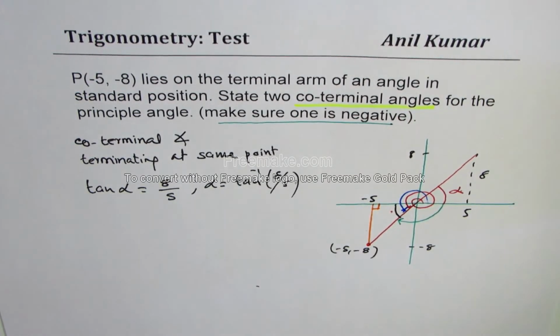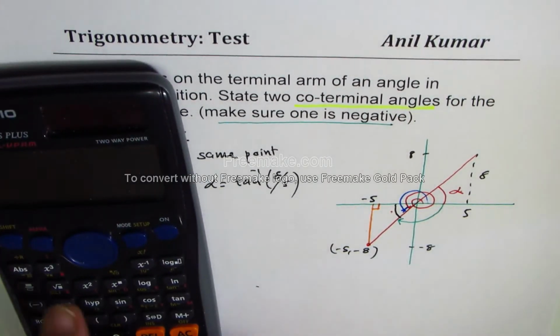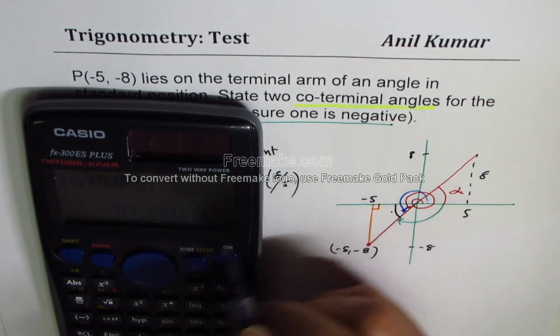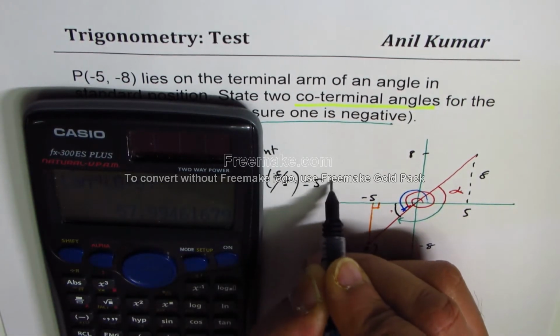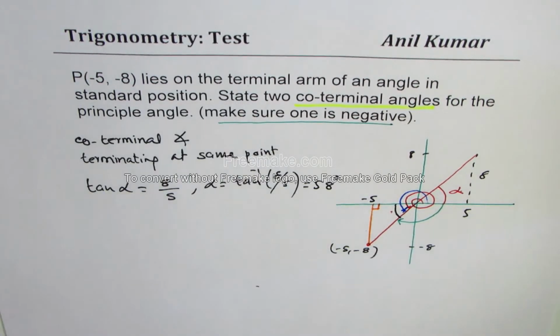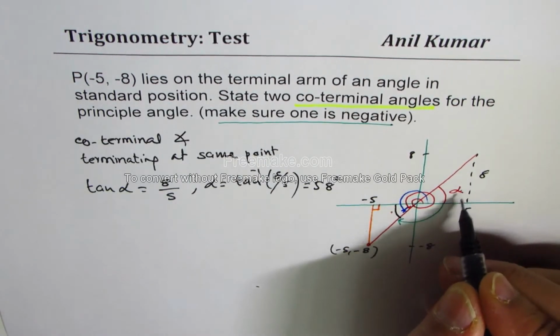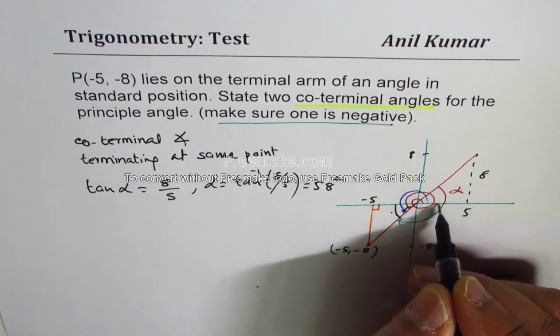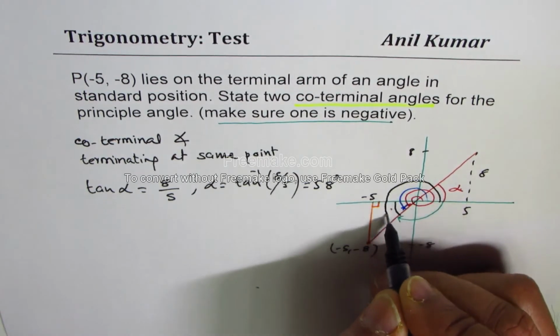So let's find this angle. We have shift tan inverse of 8 divided by 5, bracket close, equals 57.9. Let me call this 58 degrees. So this angle alpha is 58 degrees. So what is the principal angle? That is to say, what is this angle?